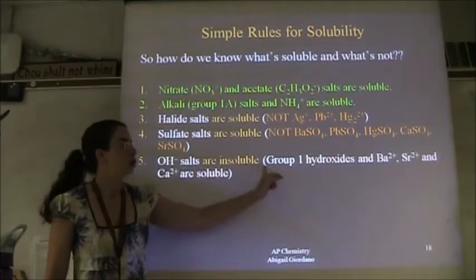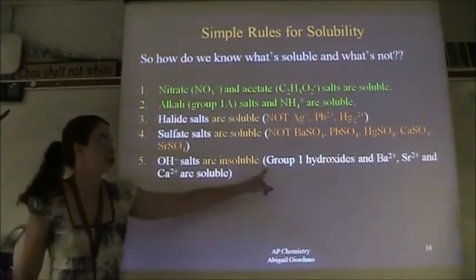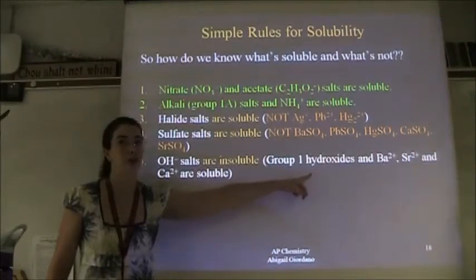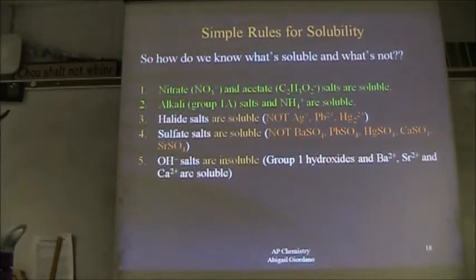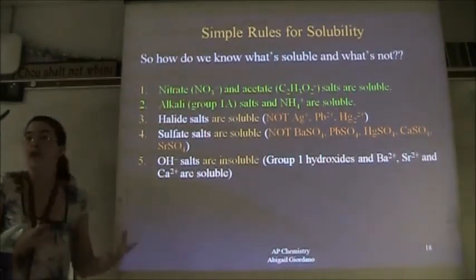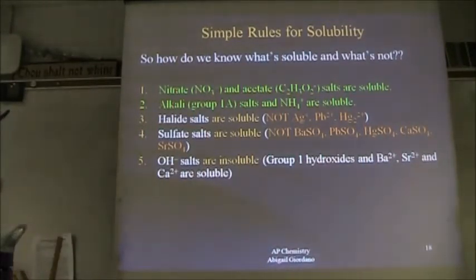However, look at what's in the parentheses. This should look familiar to you. What is in this parentheses? How did we name this group last class? Strong base. Your strong bases. All right, and let's review that. What does it mean to be a strong base or a strong acid or a strong electrolyte?